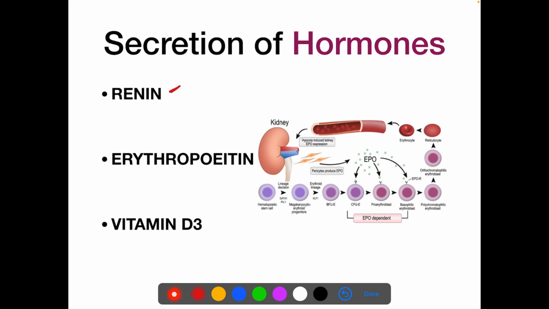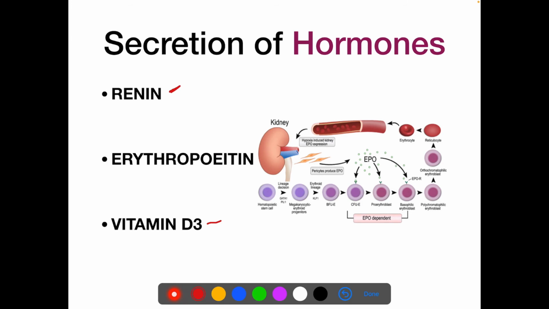So renin is a hormone. Then the active form of vitamin D, or vitamin D3, is formed in the kidneys. Active vitamin D is considered a hormone because it helps in retaining sodium and calcium, and it is important for maintenance of calcium level.